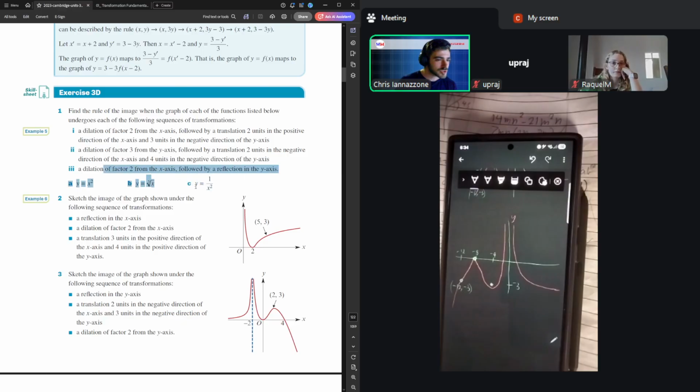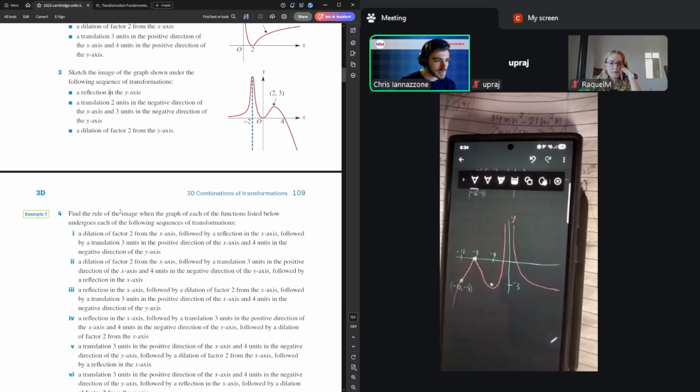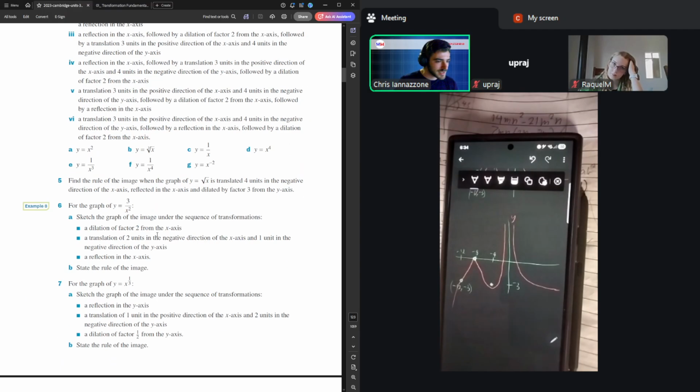The substitution would be a bit easier, there's less going on, but I feel like you guys are at the stage where you could probably handle the algebra for these. So try as many of these as you can. If you're still getting them wrong on a regular basis, hop back to the previous chapters and do the individual ones, and then work your way up to this. The only difference between them would be how much algebra is going into it at the end, not necessarily the actual procedure you follow.